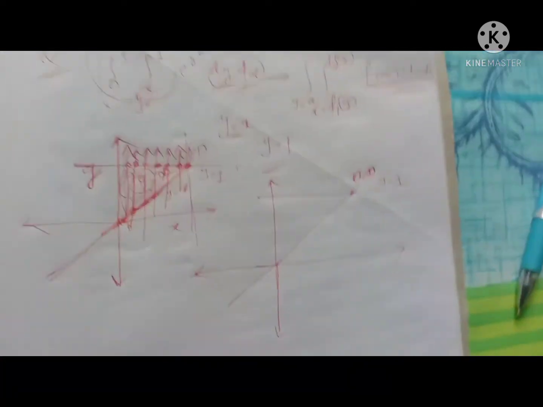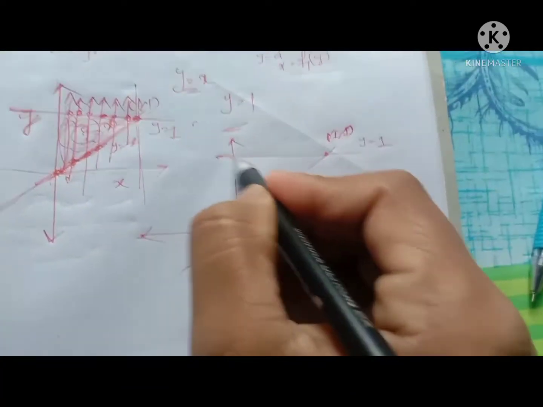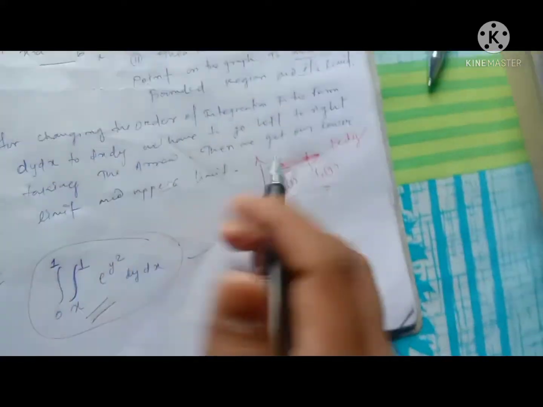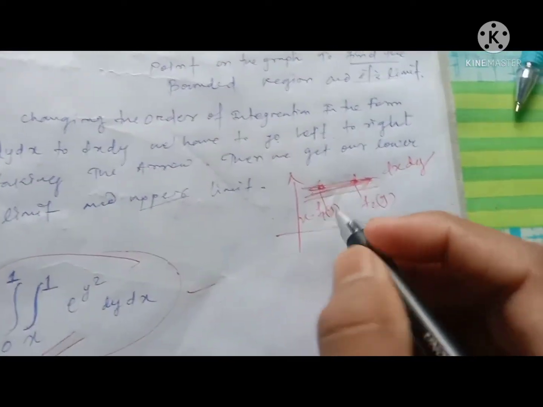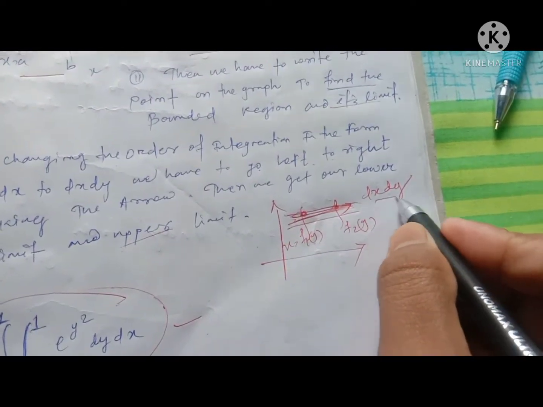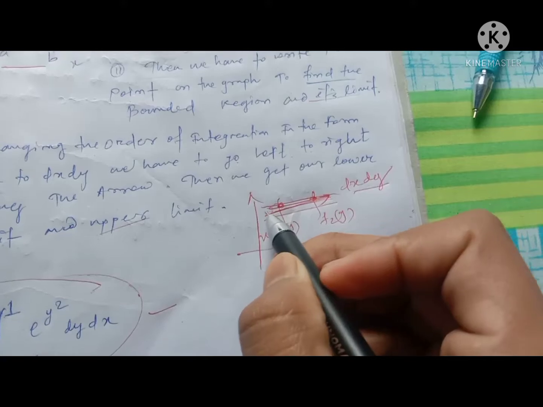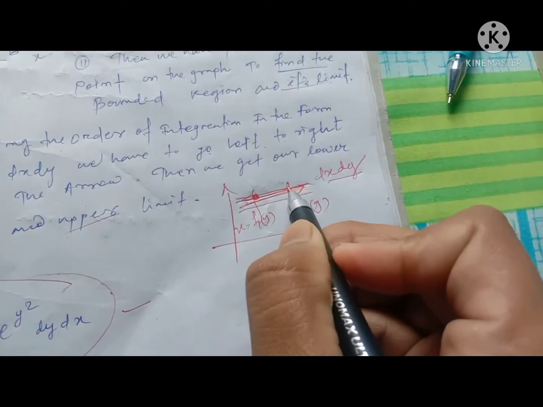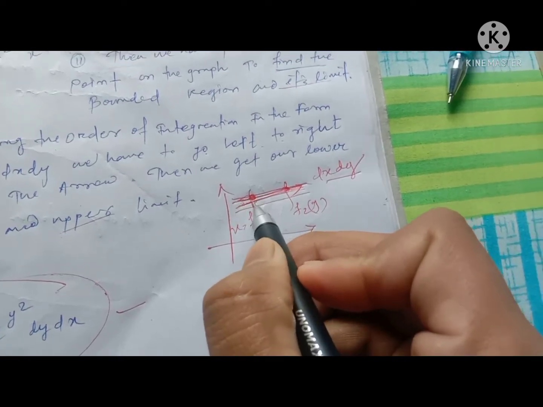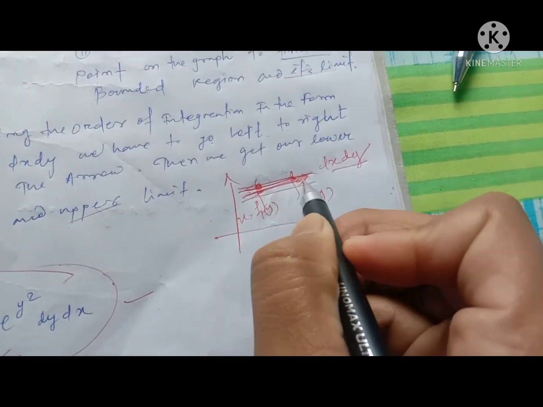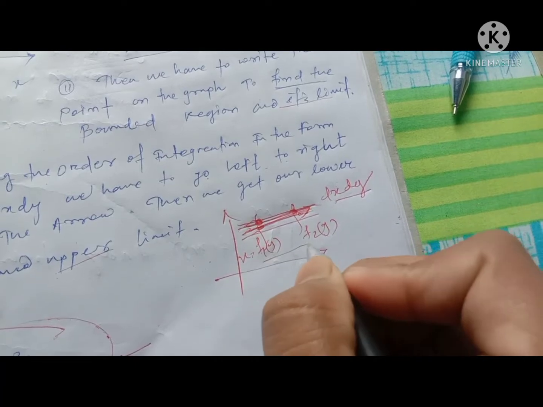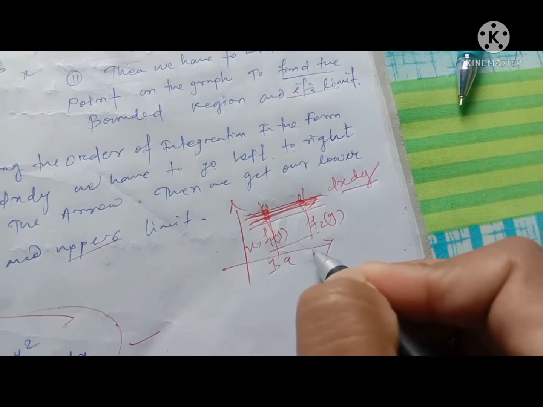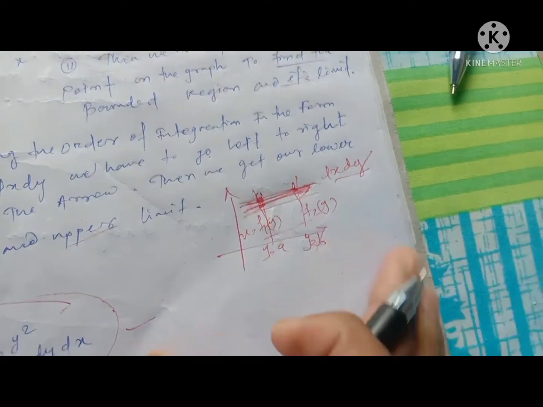As you know from the previous note, whenever we transform dy dx to dx dy, we have to make an arrow from left to right, treating this as the lower limit and this as the upper limit. Here x varies and y is taken as a constant, from y equal to a to y equal to b.